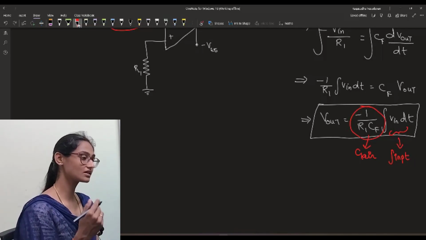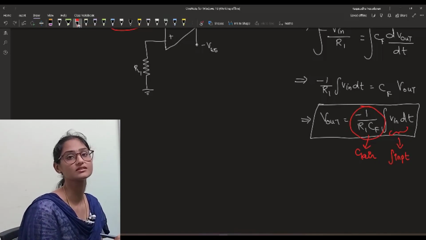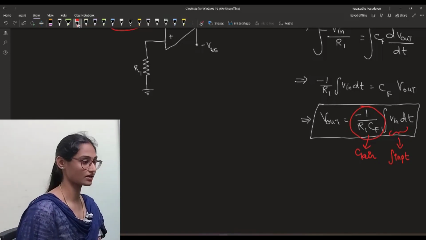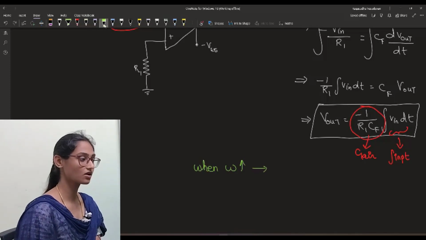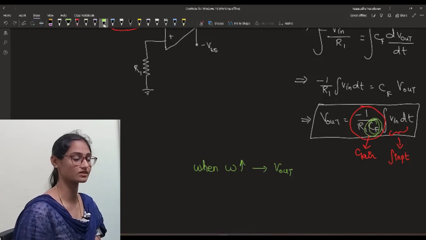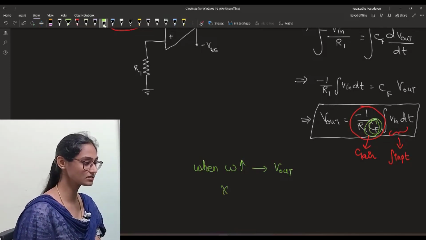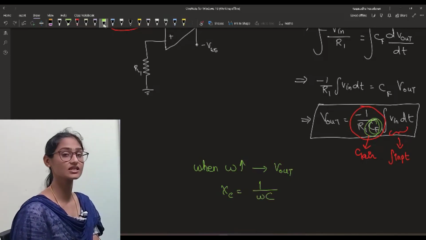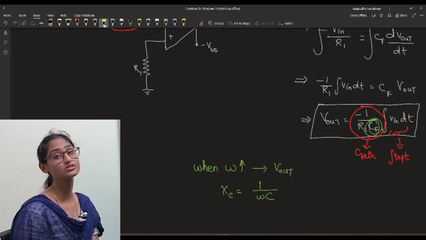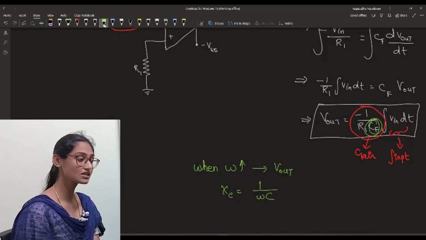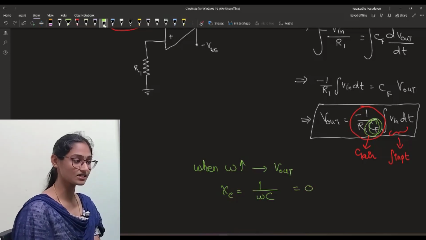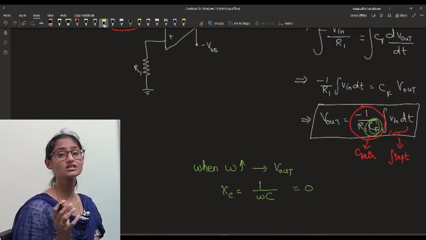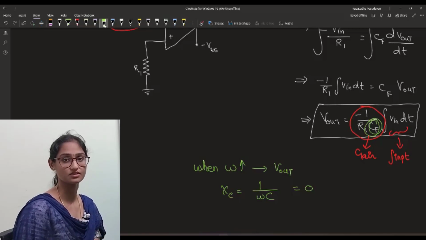Now, when the frequency of the input signal increases, what will happen to the capacitive reactance? This will have an effect on the output voltage because the capacitance is susceptible to frequency. What is the capacitive reactance? 1 by omega C. So when this frequency increases and increases, and let us say it is even approaching infinity, the reactance is 0, and thus the gain reduces, but there is no distortion in the output observed at very high frequencies.